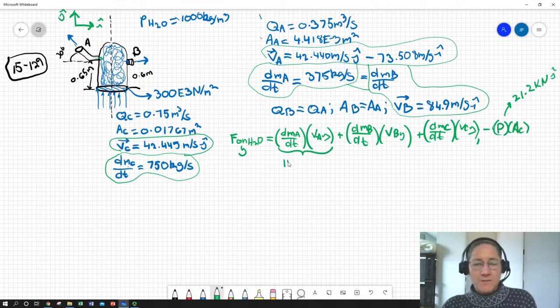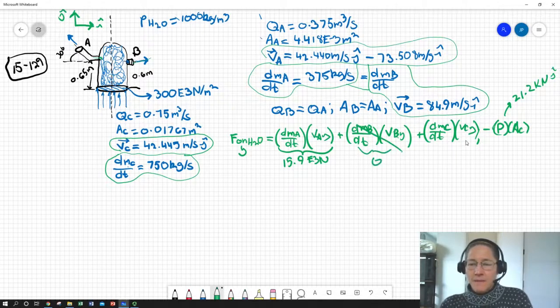So we end up getting 15.9. Pardon while I pause for calculations and referencing my calc sheet. We have no y velocity going from 0 to anything in the B direction. It's shooting out straight horizontal, so that term gives us 0. And then in the case of C, we've got a negative. We're going from a positive y velocity to stopped.